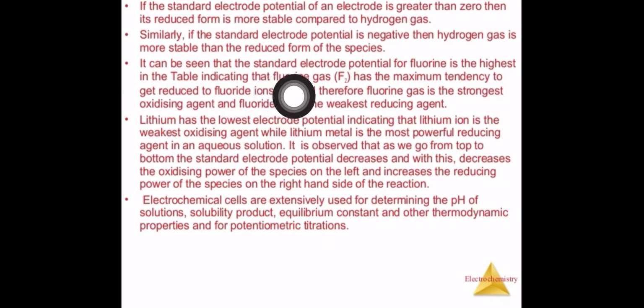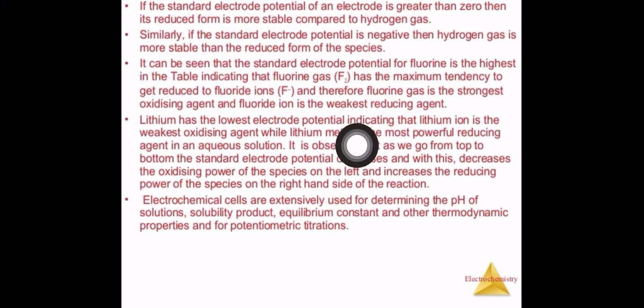It can be seen that the standard potential for fluorine is the highest in the table, which I am going to show you in the next slide. It has the maximum tendency to get reduced to fluoride ion. As I told you, if it is positive, it is going for reduction.